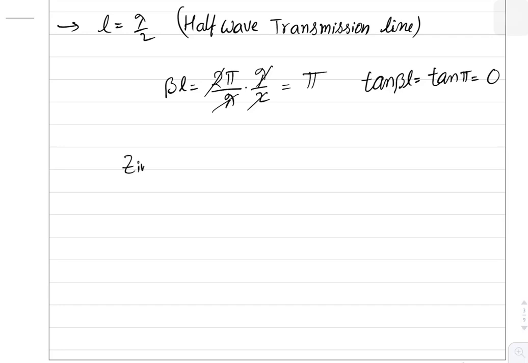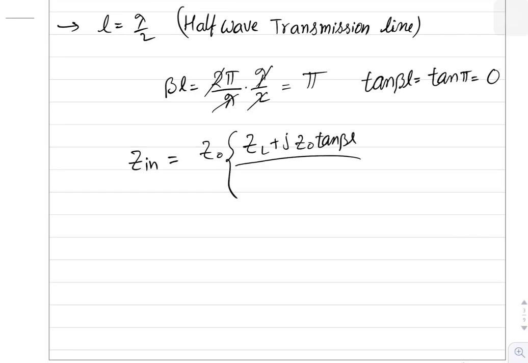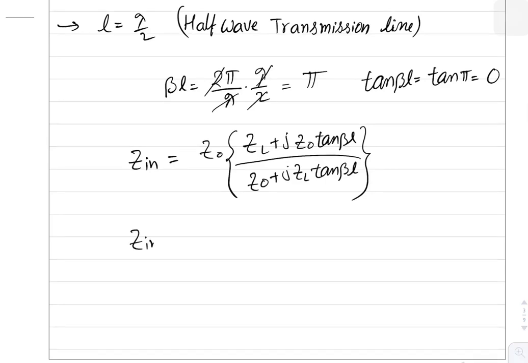If you observe the input impedance now, input impedance Zin equal to ZO, characteristic impedance, into ZL plus JZO tan beta L by ZO plus JZL tan beta L. By substituting tan beta L equal to 0 in this case, Zin equal to ZO into ZL by ZO.